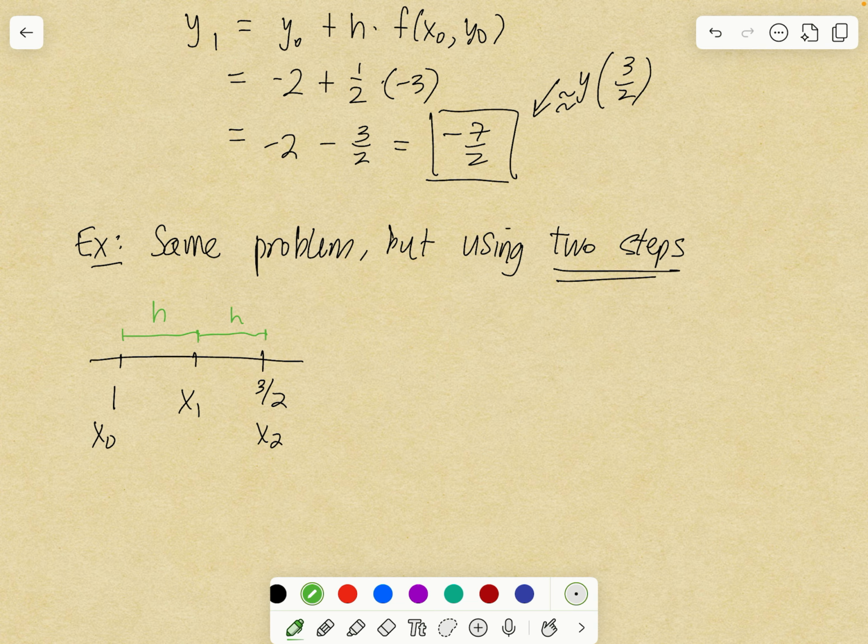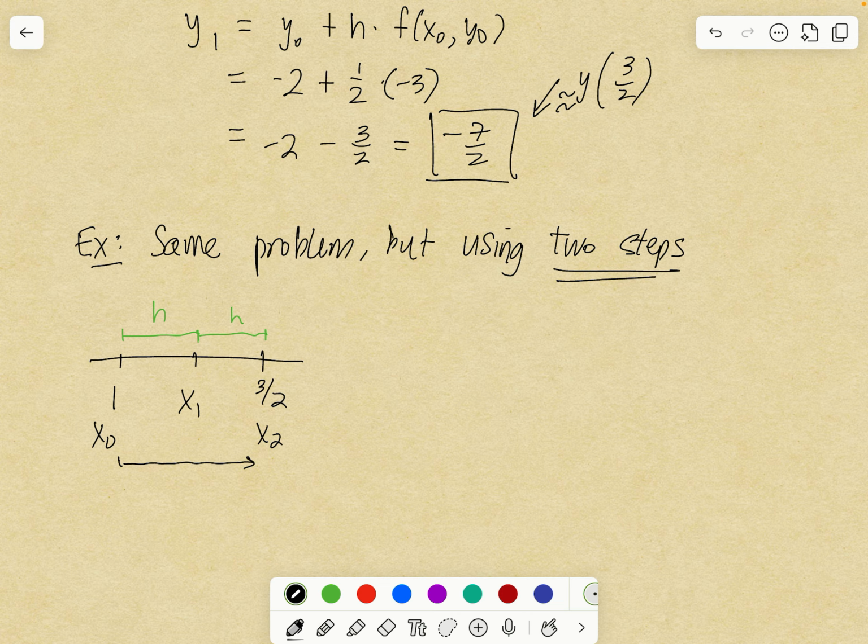Now, technically, you could use 2 steps of different sizes. But usually you want to use the same size because it makes things easier. So we'll just have h plus h equals the total change in x. Well, what's the total change in x?